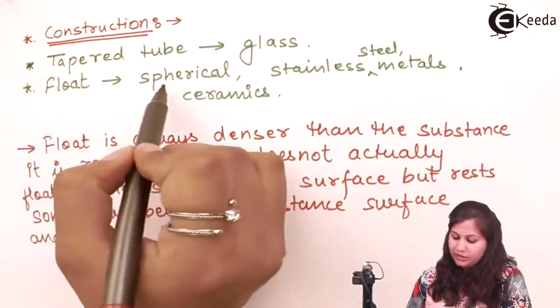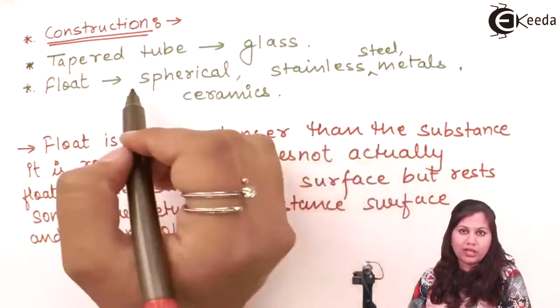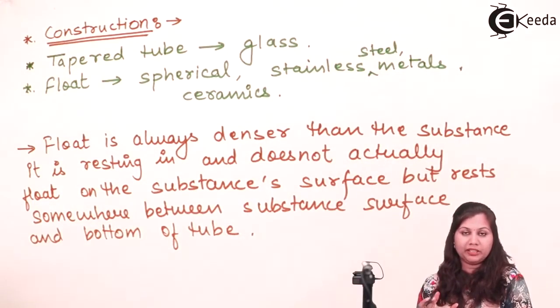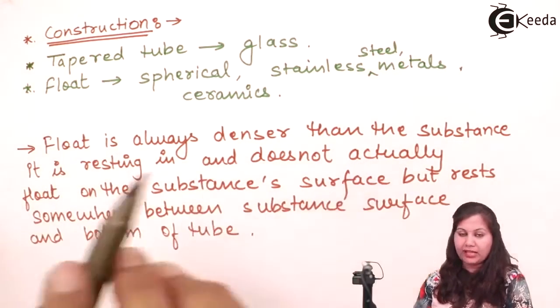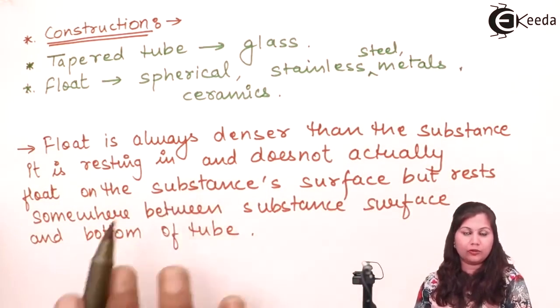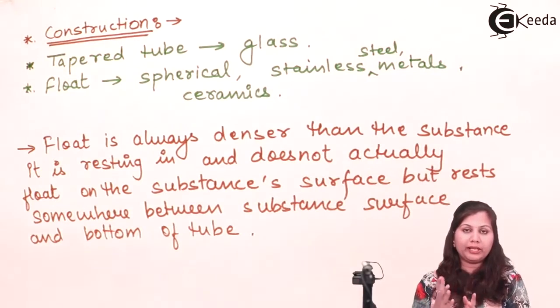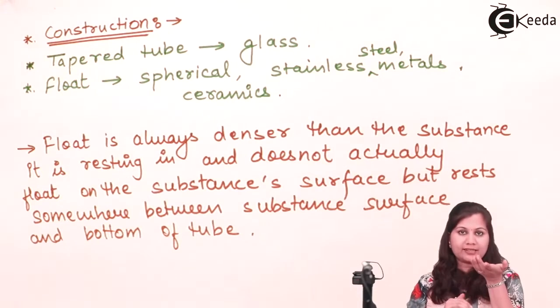Now we have studied the material of which the float is made up of. We have studied its shape, that it is spherical. Now this float should be denser than the substance it is resting in. Suppose we have water as the fluid and we want to measure the flow rate of water flowing in a pipe, the float should be denser than the water so that it does not float on the surface.